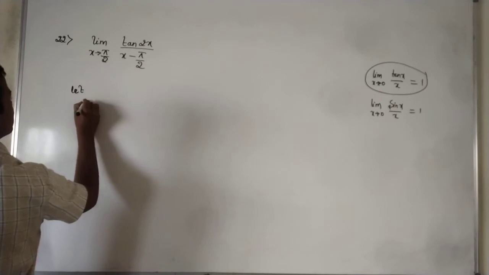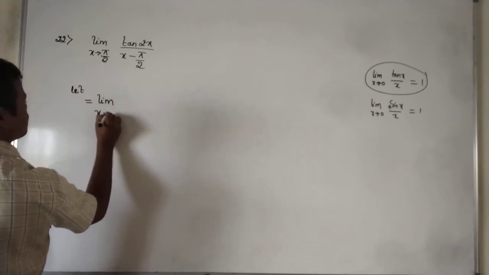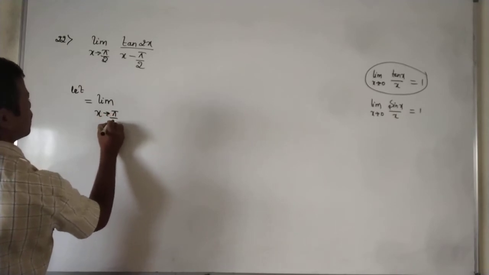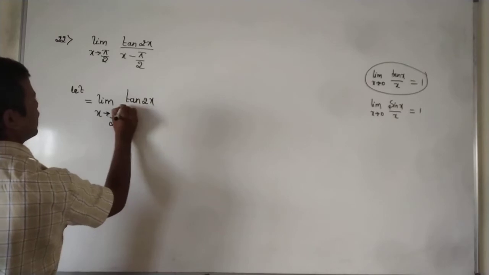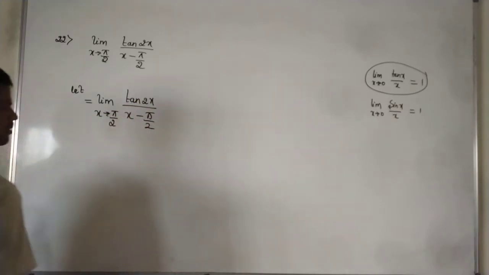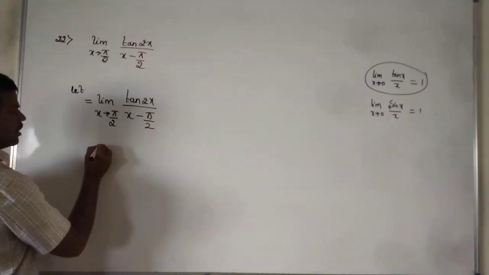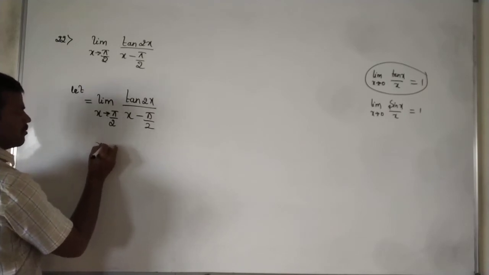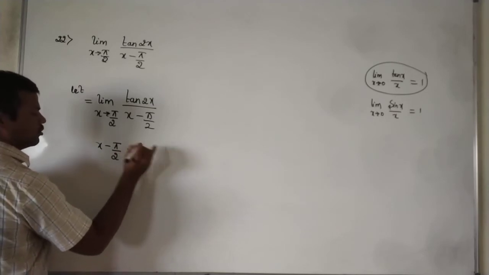So the given limit is limit as x tends to pi by 2 of tan 2x divided by x minus pi by 2. Let x minus pi by 2 be equal to t.